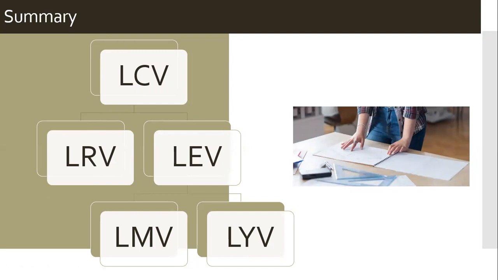So labor cost variance can be classified or decomposed into labor rate and labor efficiency. The labor efficiency effect on the cost may be because of the change in the composition of the mix of the labor, the team composition.